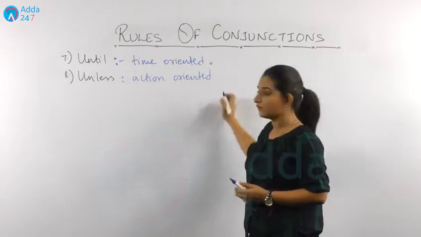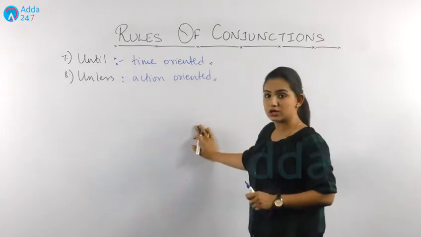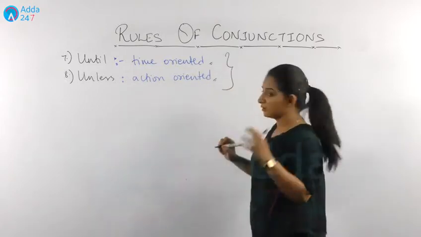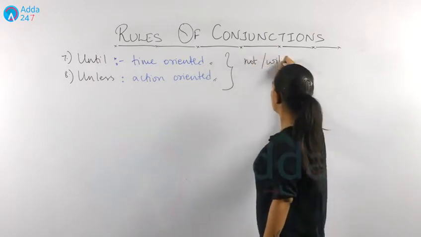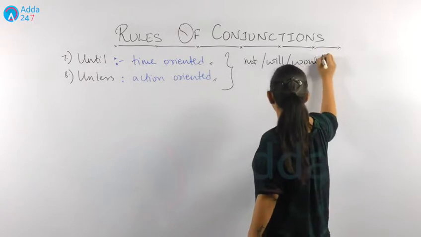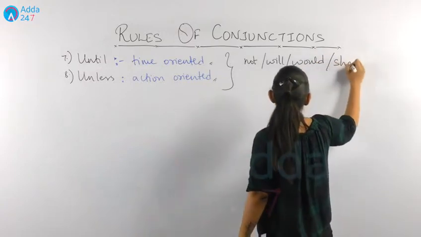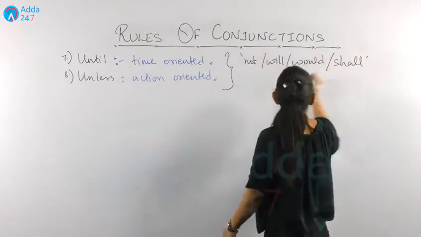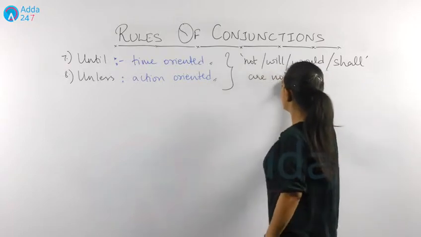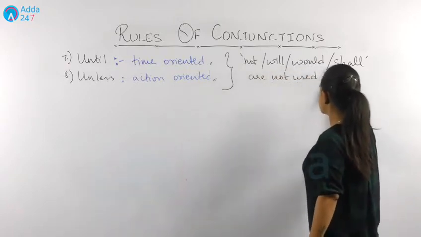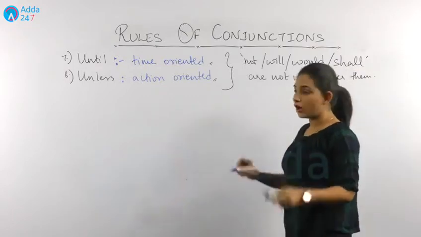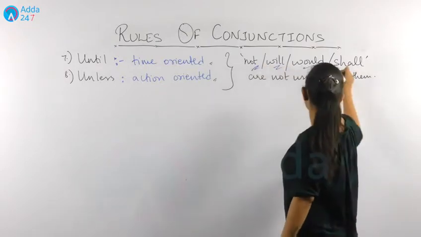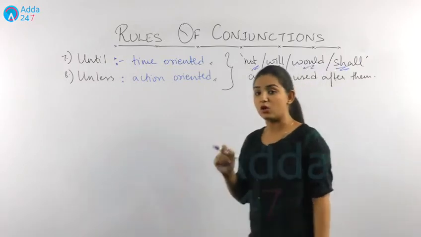And if you want to have an action after it, you will use unless. But for both, there is a condition. Not, will, would and shall are not used after them. Which means you will not place not, will, would or shall after until or unless.